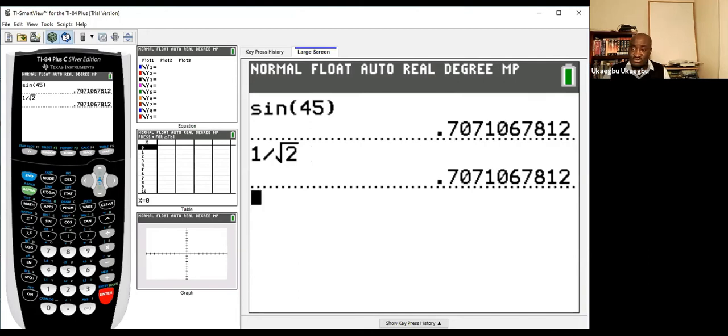Now here's the good news. Now this number, the second one, this is how all these functions that are on your computer or your calculator are derived. You see, this is how they are derived before they were coded. Before they were coded into the microchip of the calculator, before the program can run it, it started like this. It started like the 1 divided by square root of 2.